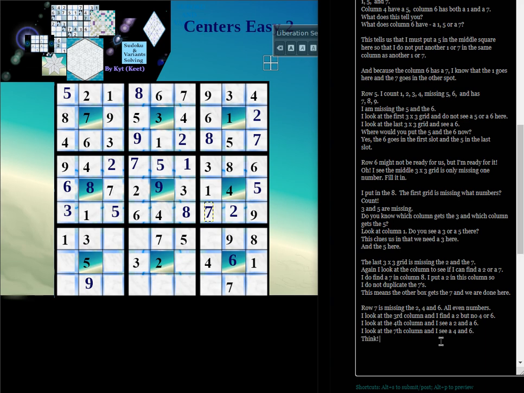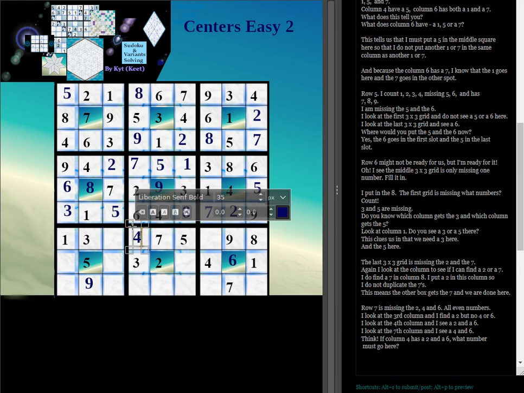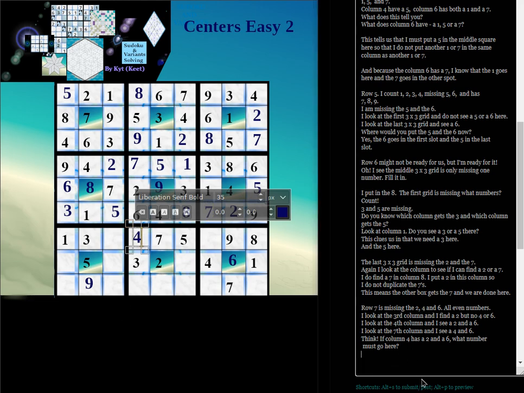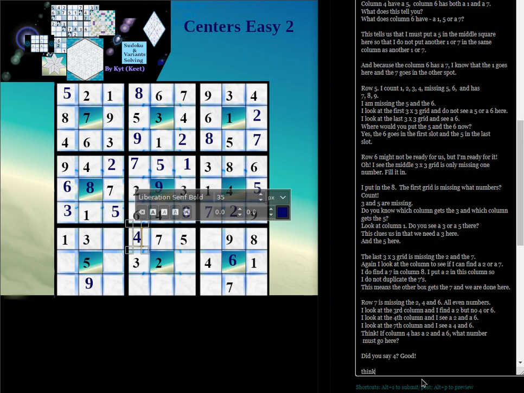Think. If column 4 has a 2 and a 6, what number must go here? Did you say 4? Good. Think.